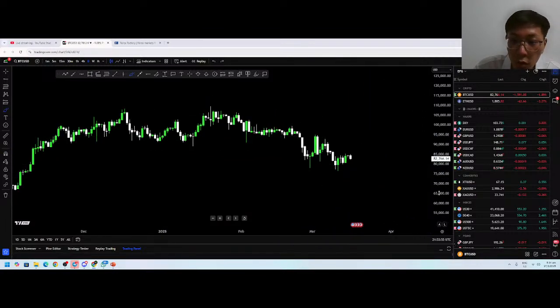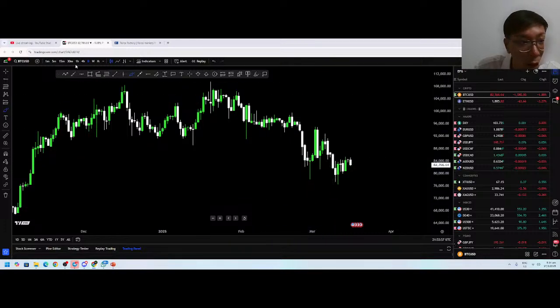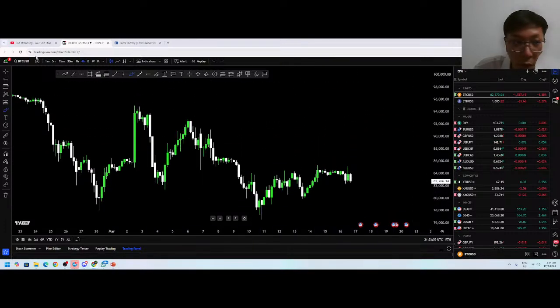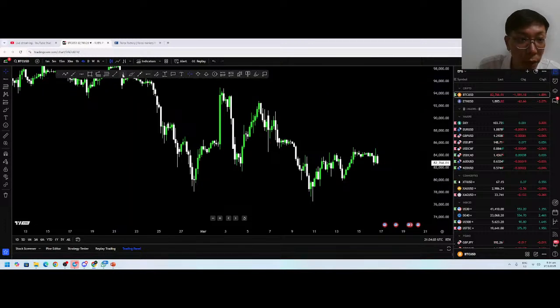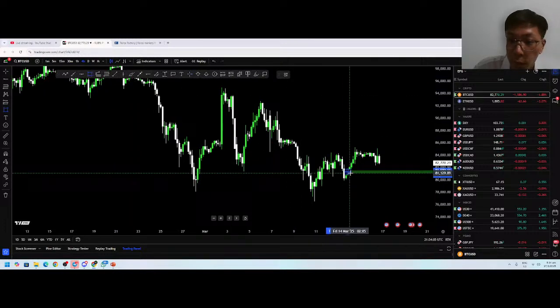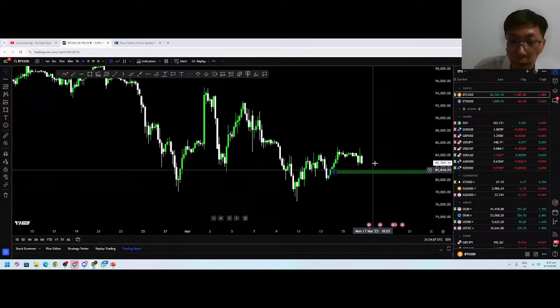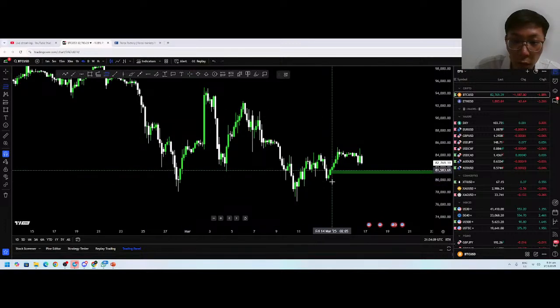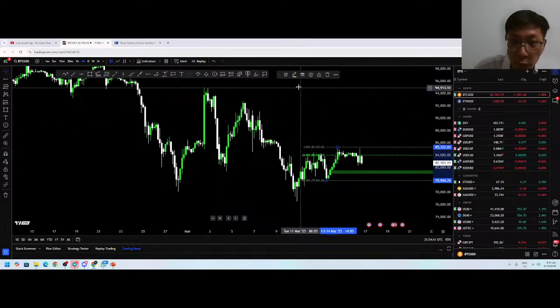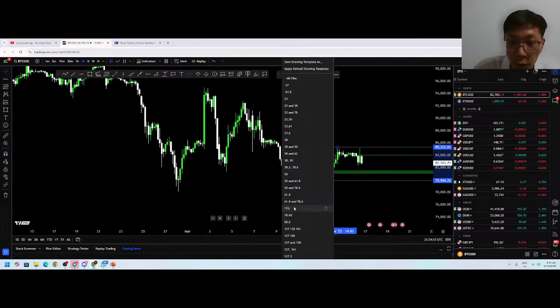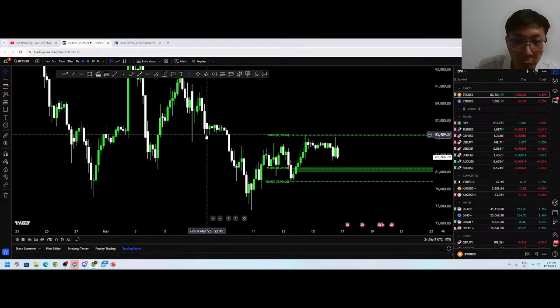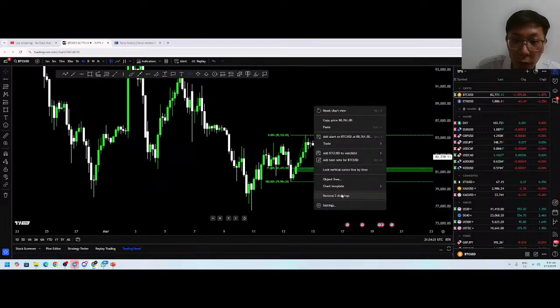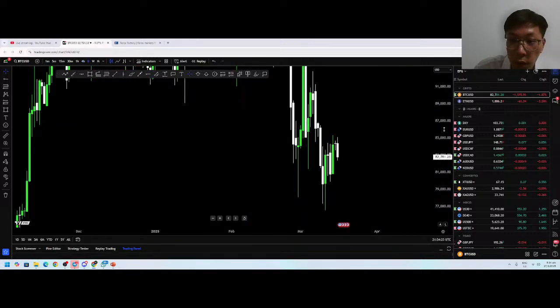Okay, so right now my bias for BTC USD is for it to react to this level over here, right? This level aligns very nicely with my fib projection retracement. Okay, and then we are projecting it to come towards this level again and fall off, right?